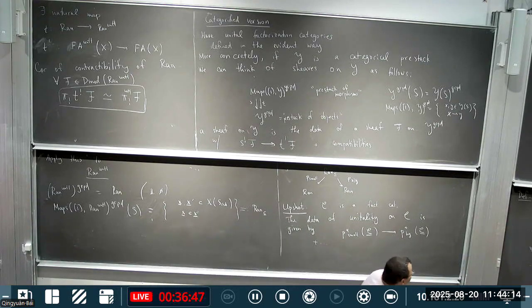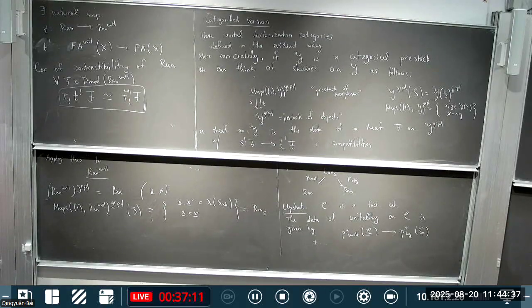Do we have a notation for pullback of sheaves of categories?